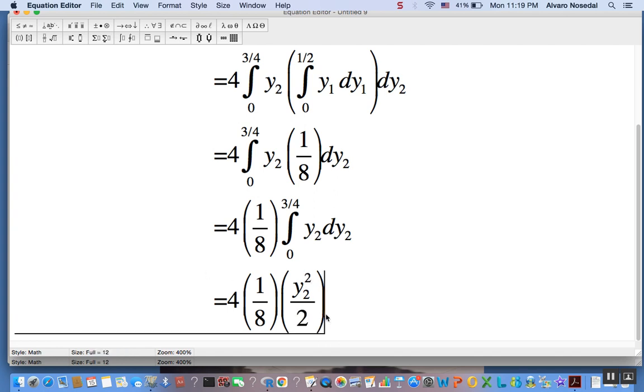And we are evaluating at 3/4 and at 0. So it's going to be 1/2 times 3/4 squared, minus the evaluation at 0. But at 0 we are not going to have anything interesting, so it's just 1/2 times 3/4 squared.